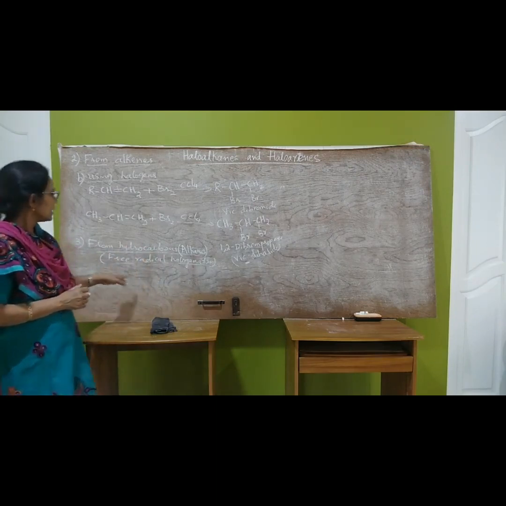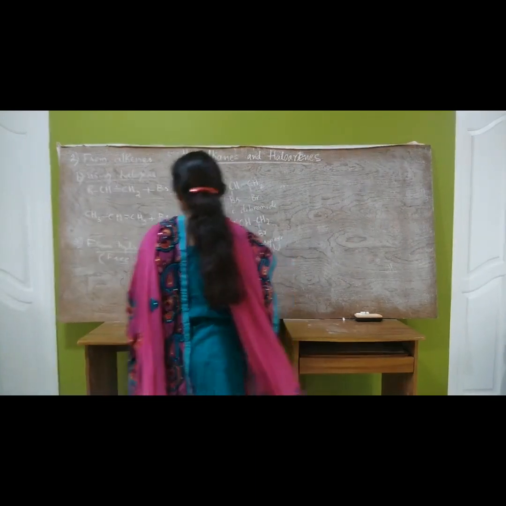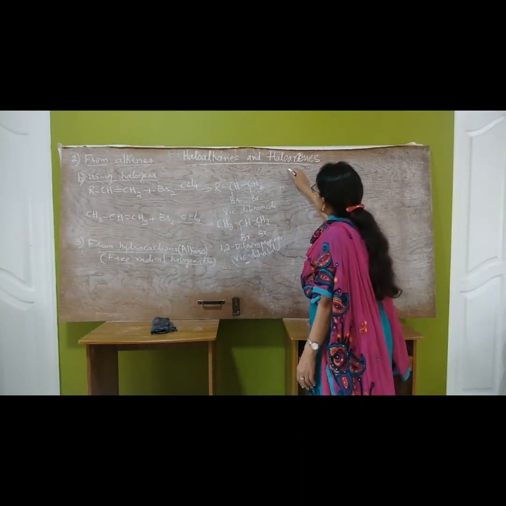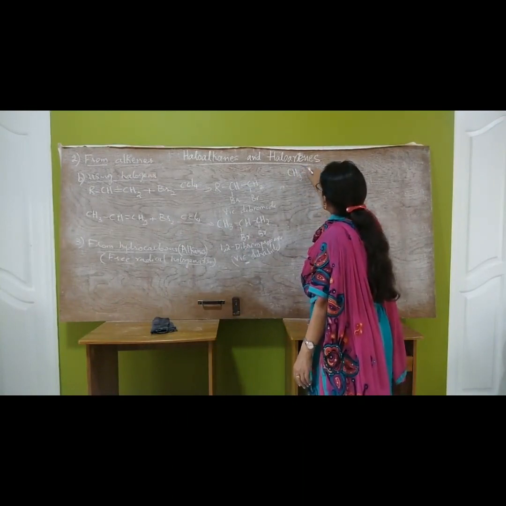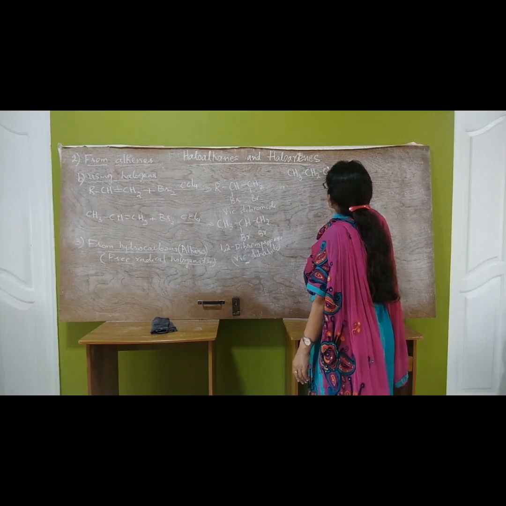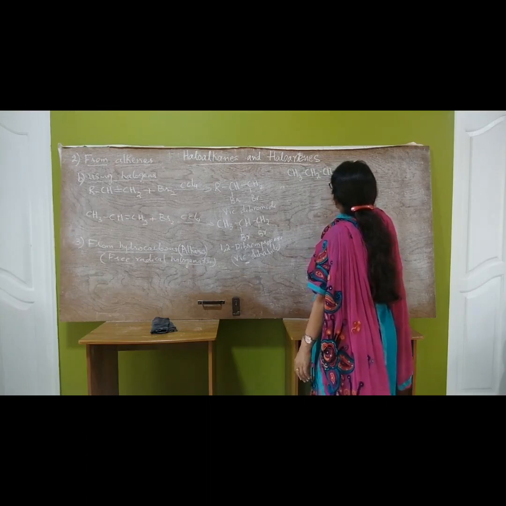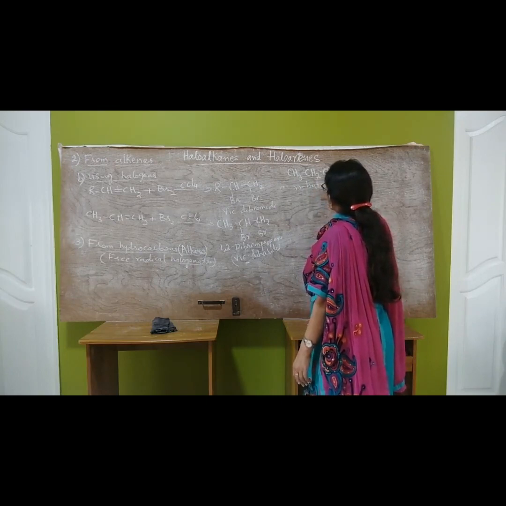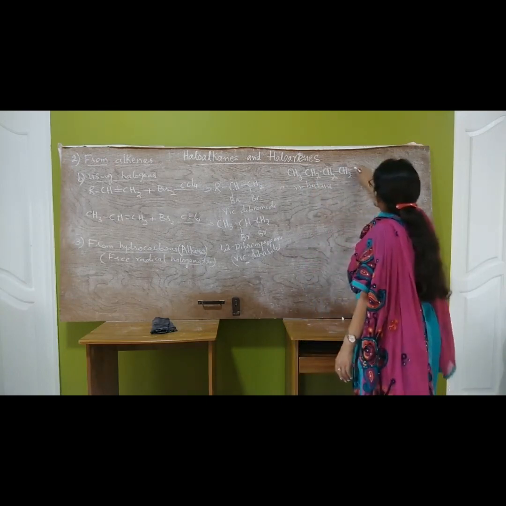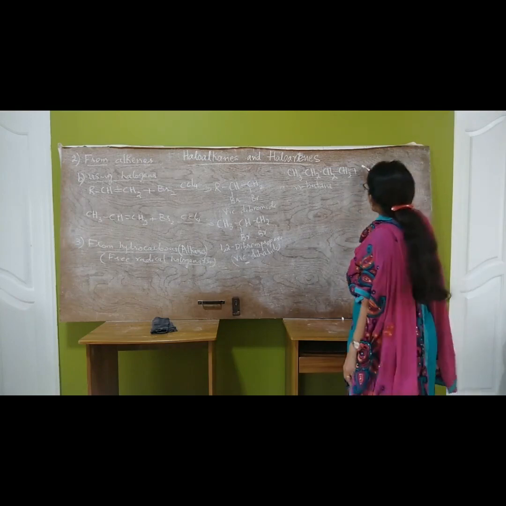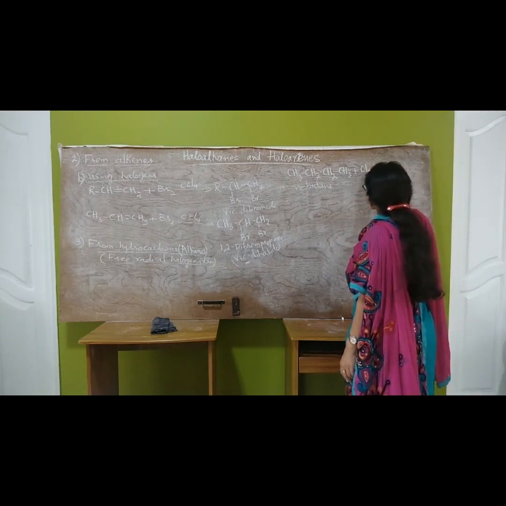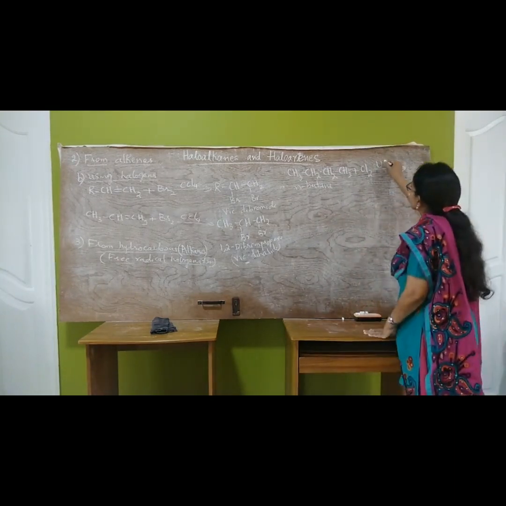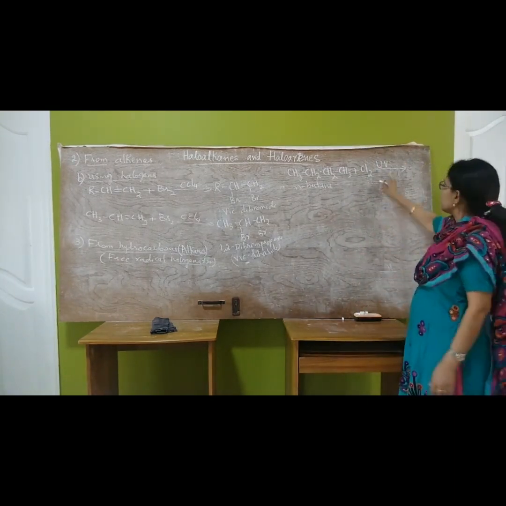So let us write the reaction. Let us take n-butane, CH3CH2CH2CH3. It reacts with halogens like chlorine or bromine in the presence of sunlight, that is UV light, or in the presence of heat.